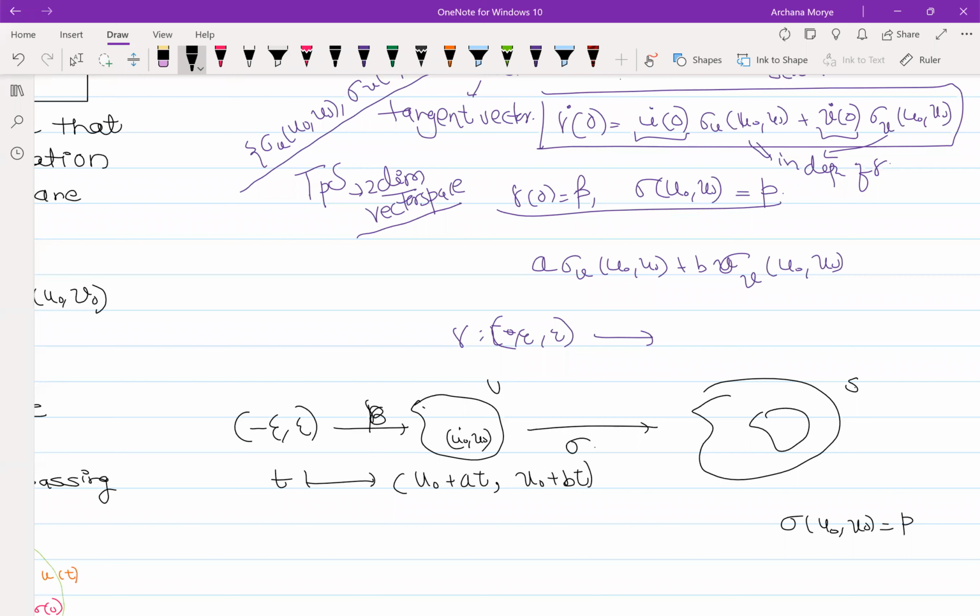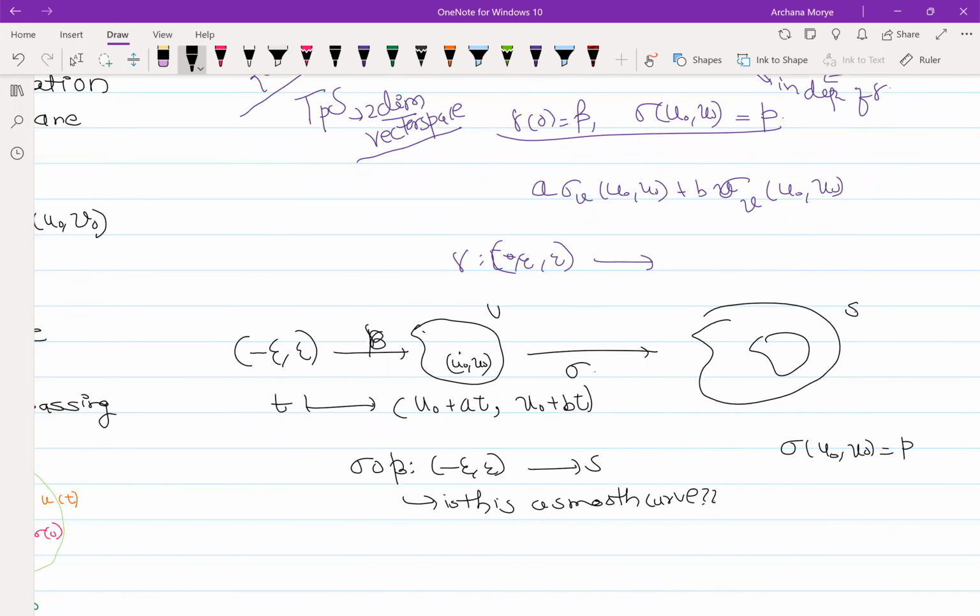Now if I take sigma composed with beta, this is a map from minus epsilon to epsilon into S. Is this a smooth curve? This is linear, right? u naught plus a t, v naught plus b t.